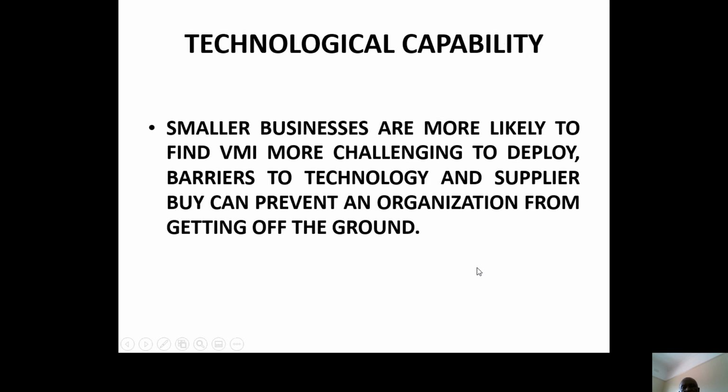Technology capabilities. Can our systems talk together? Are you able to upgrade your system so that it talks if there are any changes on the supplier side or on the buyer side? Can we upgrade so that the upgrades can also talk to each other? That is important. If your systems do not enable this, then you have a problem.